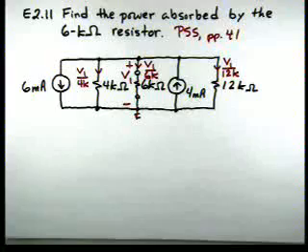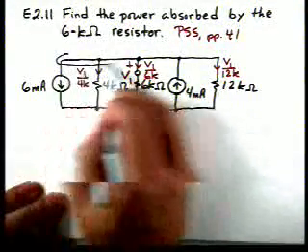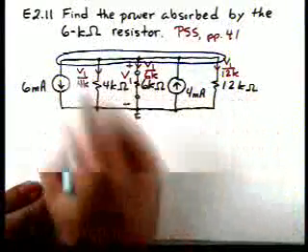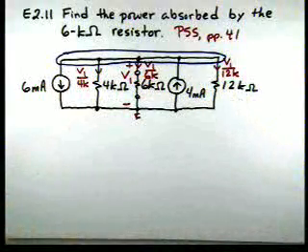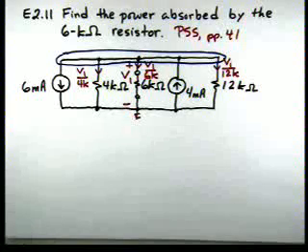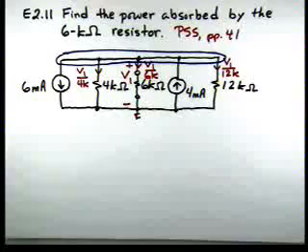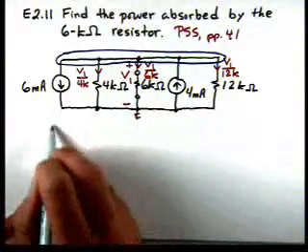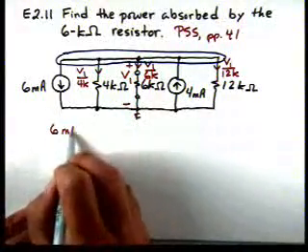Step 3 says apply KCL at one of the nodes, or the two nodes. Let's apply KCL to the top node, and let's sum currents leaving that top node and set them equal to 0. So if we start on the left, we'll have a current of 6 milliamps leaving.